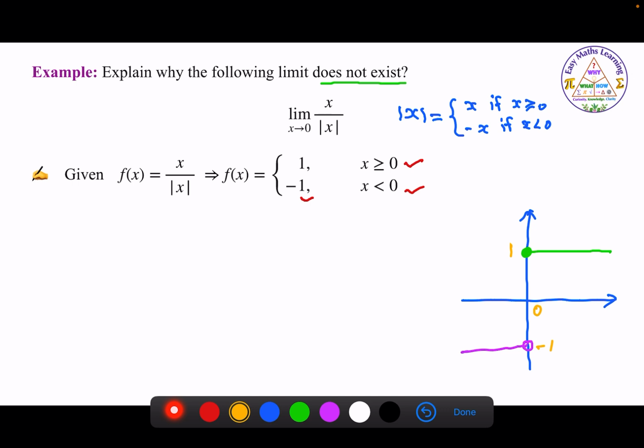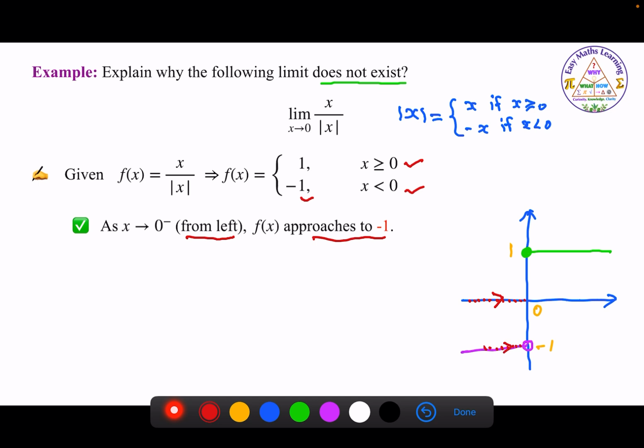This graph also has a jump at 0. So as x approaches 0 from the left, the function approaches -1. Graphically, you see that as x approaches 0 from the left, the function approaches the value -1.